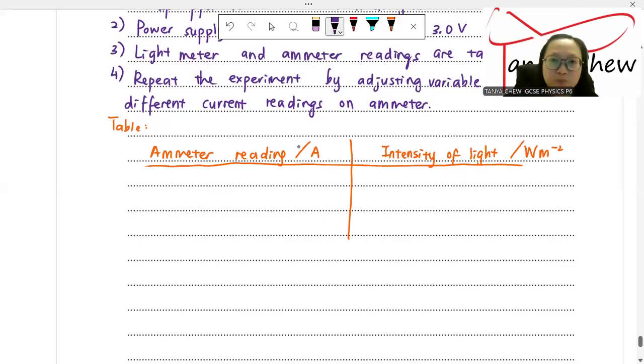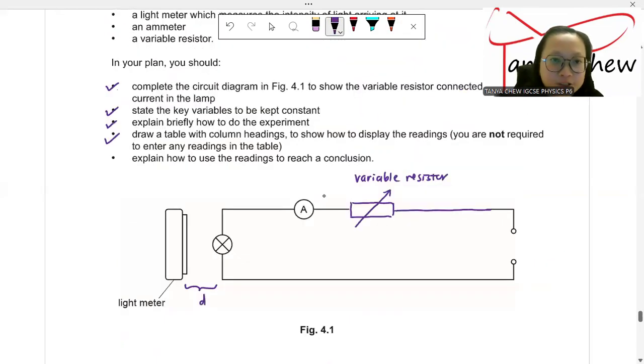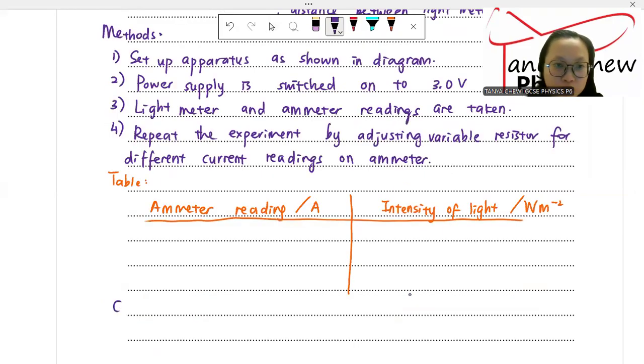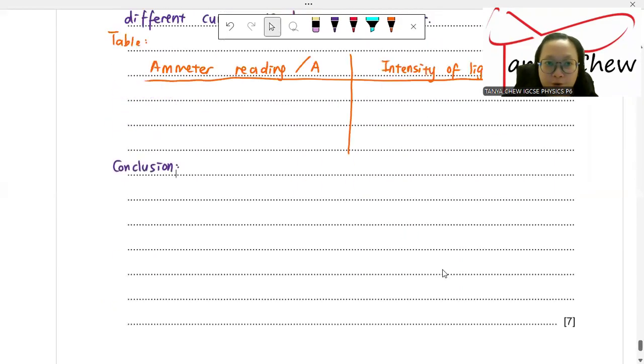And then the last part, explain how to use the readings to reach a conclusion. So conclusion, I would say, very easy, because I have 2 variables here.